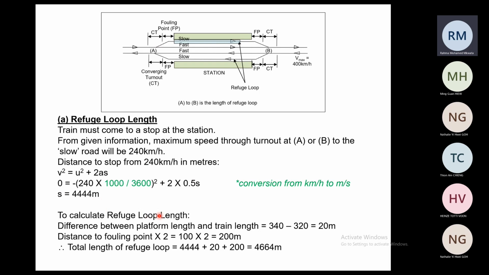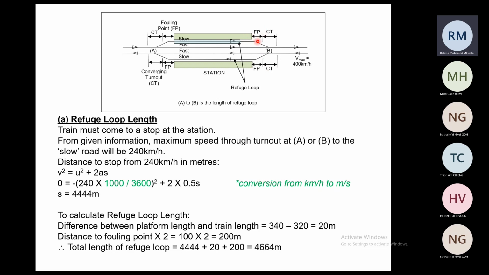To calculate the total refuge loop length, we must also know that for it to come to a complete stop, we have a difference between the platform length and your train length. Your platform length actually exceeds your train length, so when you subtract, you get a further distance of 20 meters. So 20 meters remains here.